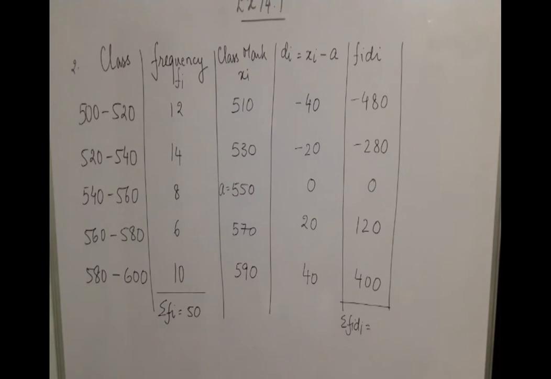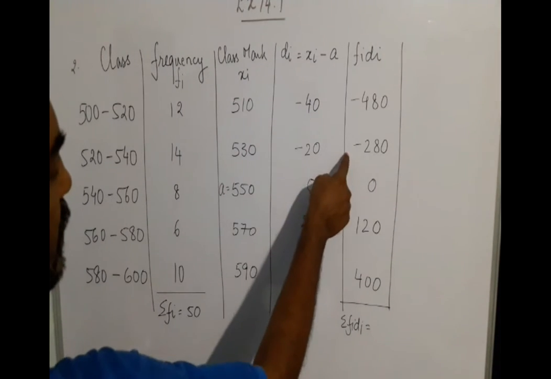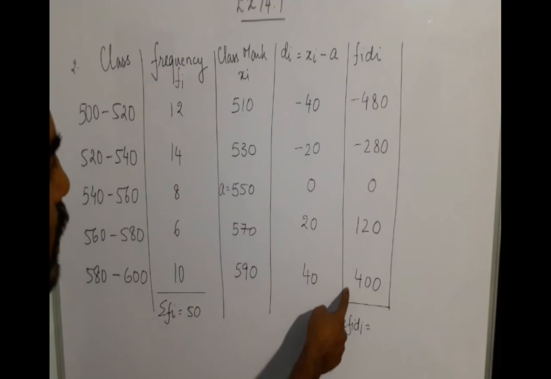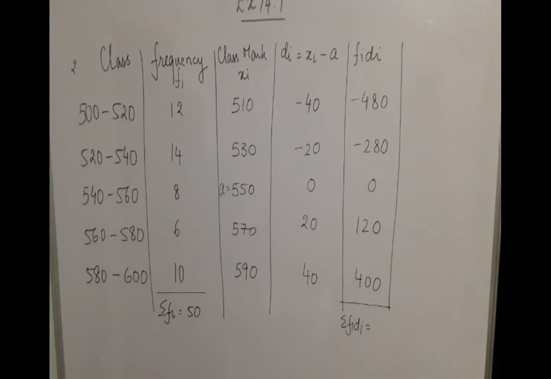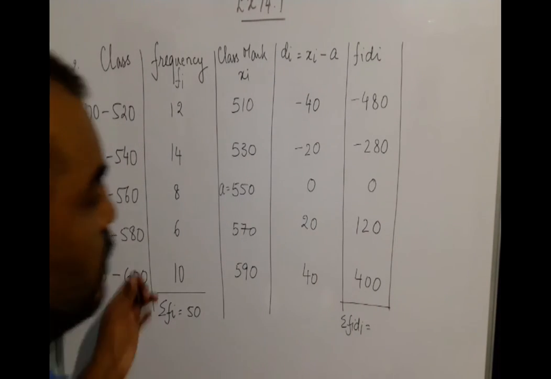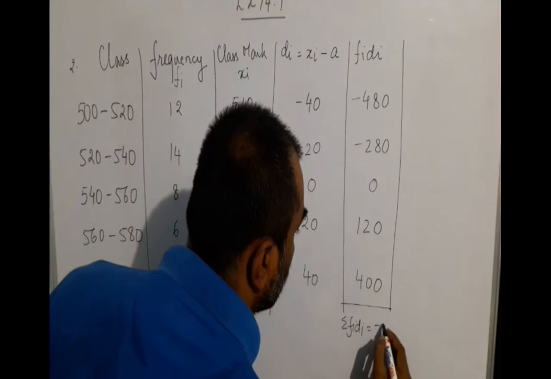This part is minus 760. This part is 520. So what you can see here, the negative number is bigger. So subtract, and what will you get? You get minus 240.